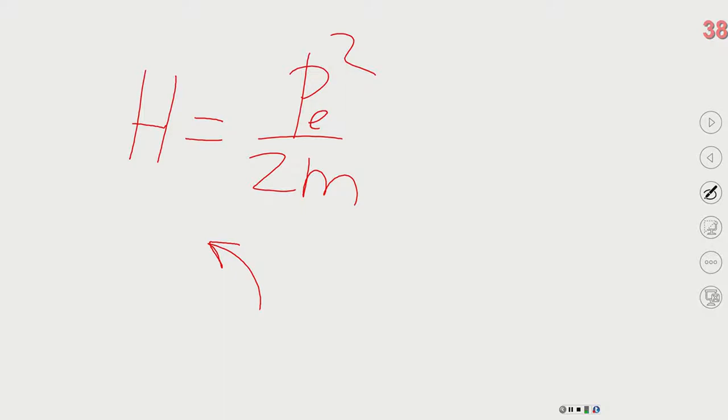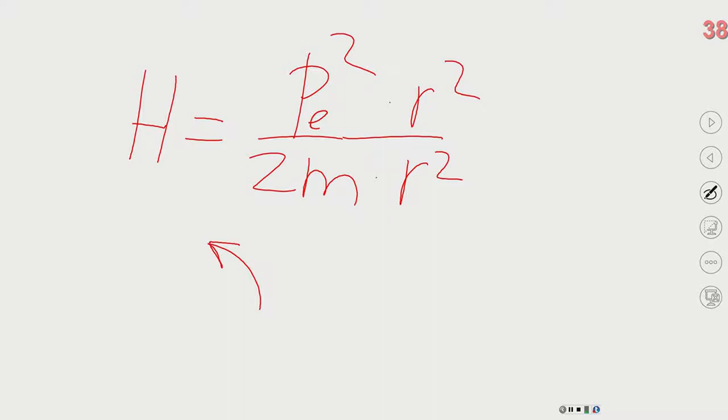Now, look at my hands. There will be nothing cheating. It's clean hocus pocus. Let's multiply numerator and denominator by r squared. R squared. Will the operator change mathematically?